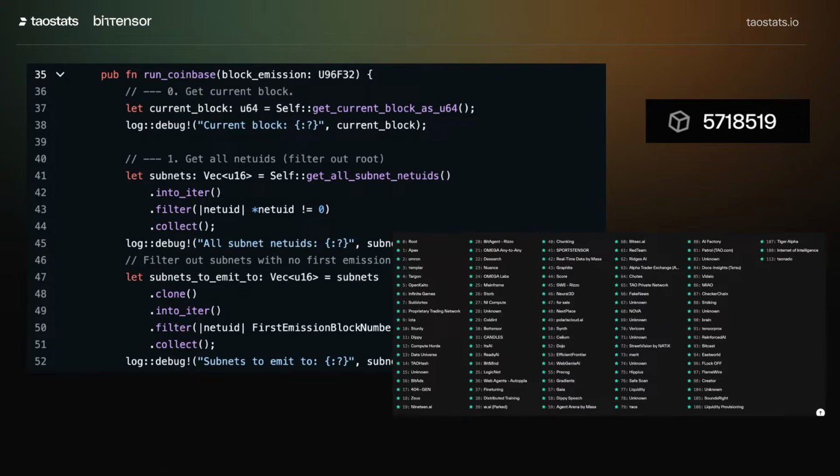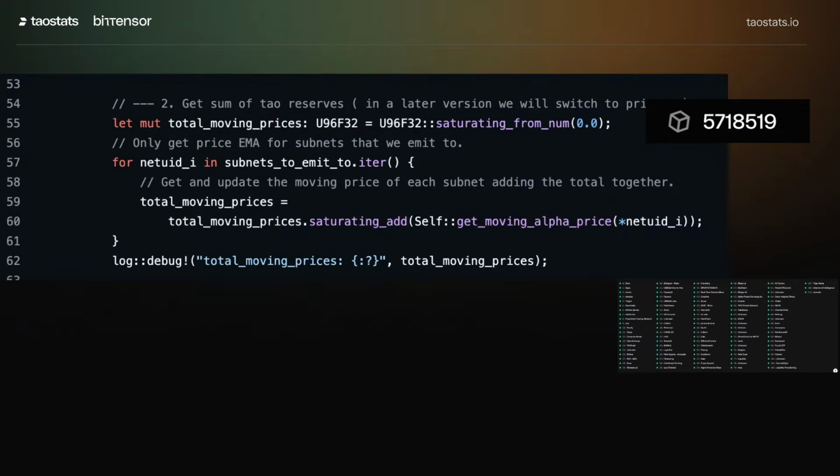Now, when we run this, we can loop through all of the subnets we want to emit to. Now, what we need to do is we need to calculate the prices. And so the way emission works for tau is we need to know the sum of all of the subnet prices. So what we're going to do is for every single subnet in the subnets we're emitting to, we are going to add up all of the prices.